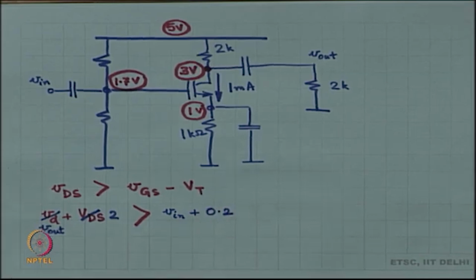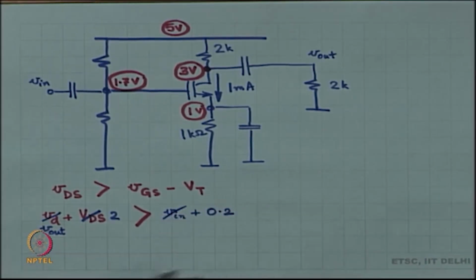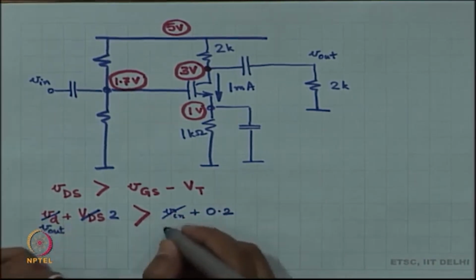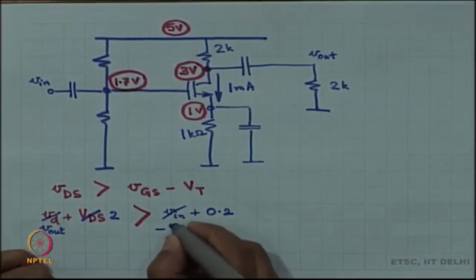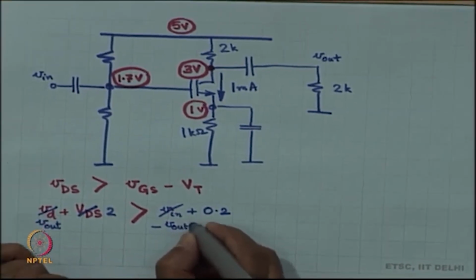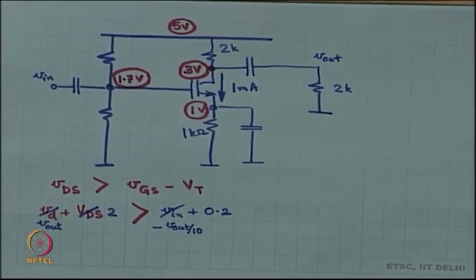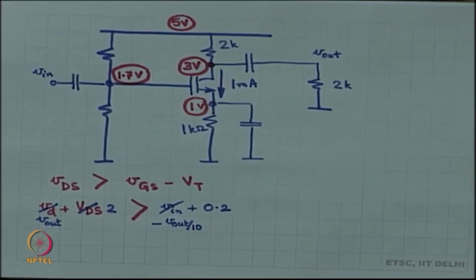And going by the gain that we have computed, V in is nothing but minus V out by 10, okay.